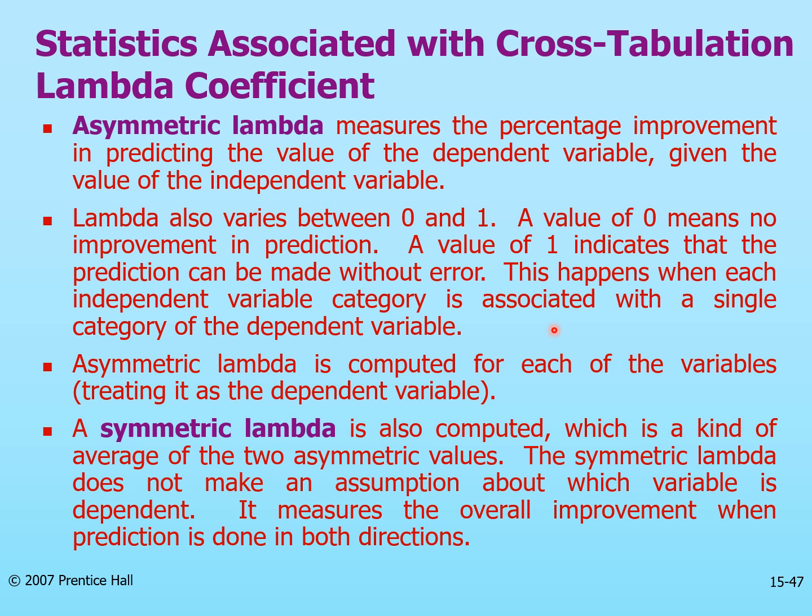Asymmetric lambda measures the percentage improvement in predicting the value of the dependent variable given the value of the independent variable. This is very important for the marketing person, for HR, training and development and so on.